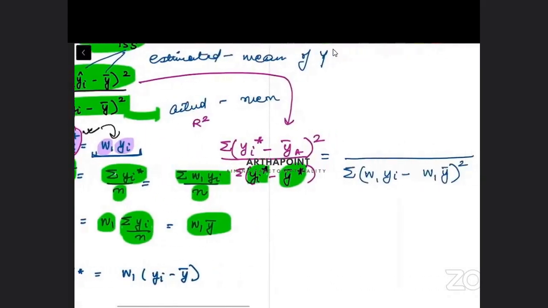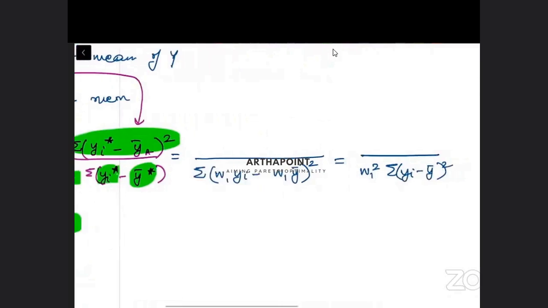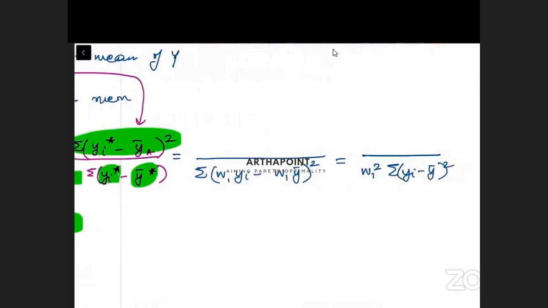On a very similar basis, if you solve for the numerator, you will get a very similar analysis: w1 square summation yi hat minus y bar whole square. So actually this w1 square and w1 square will cancel out.